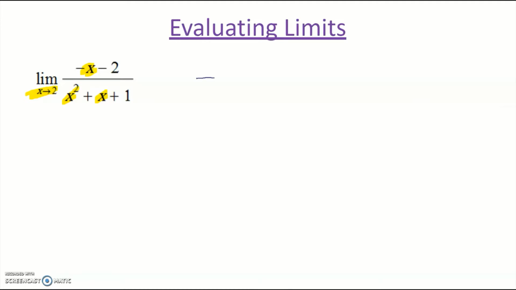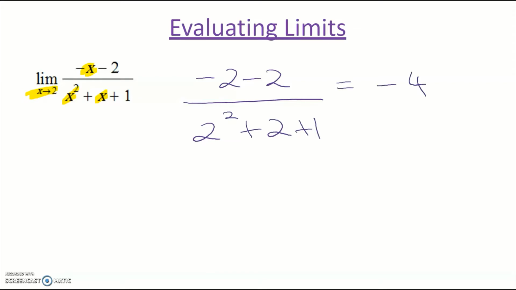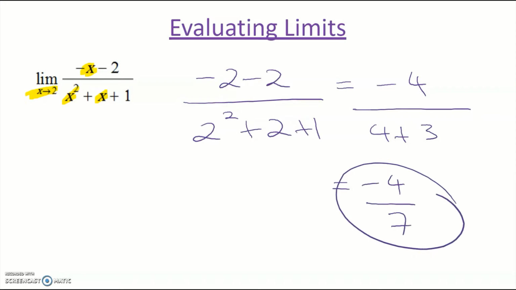So I get negative 2 minus 2 as my numerator. At the bottom I'll have 2 squared plus 2 plus 1, and that's going to give me negative 4 on 4 plus 3, which is negative 4 on 7, and that is the answer.